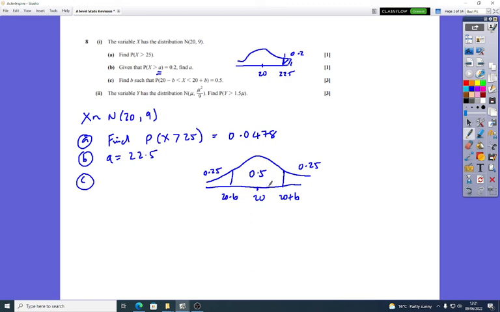If we choose one of these probabilities, you can choose whichever you want.